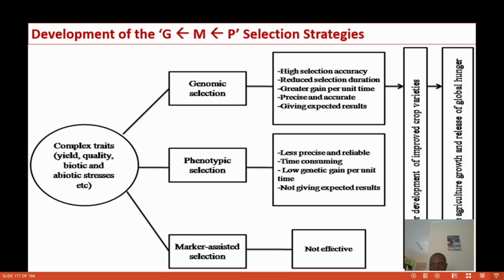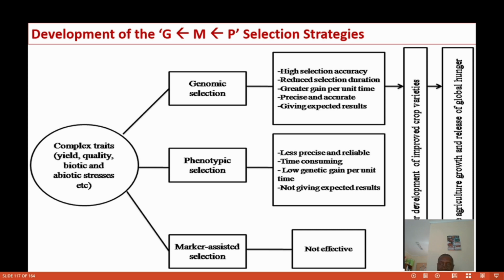It's very time consuming. It has very low genetic gain per unit time, and it may not necessarily give expected results when we are looking at complex traits. Remember, most of the important traits are complex.